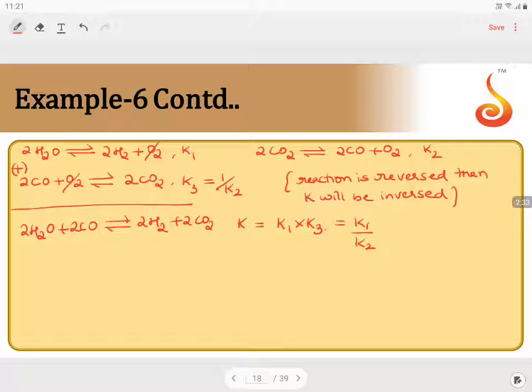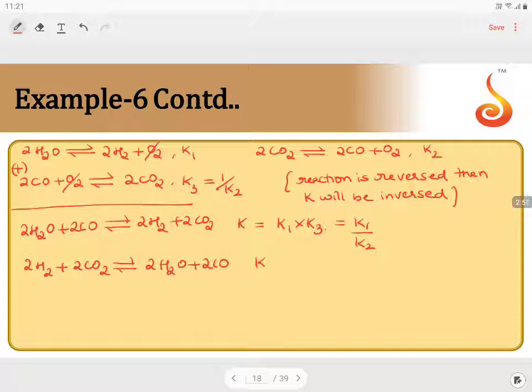If I take the reciprocal of this equation, 2H2 plus 2CO2 gives rise to 2H2O plus 2CO, then the resultant K will be equal to K2 by K1.